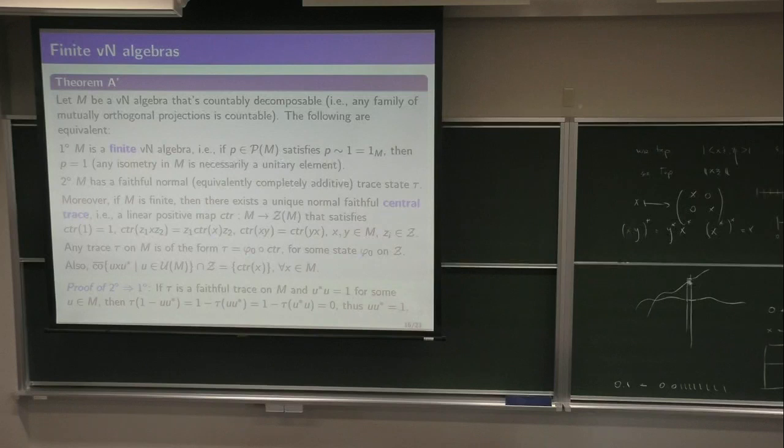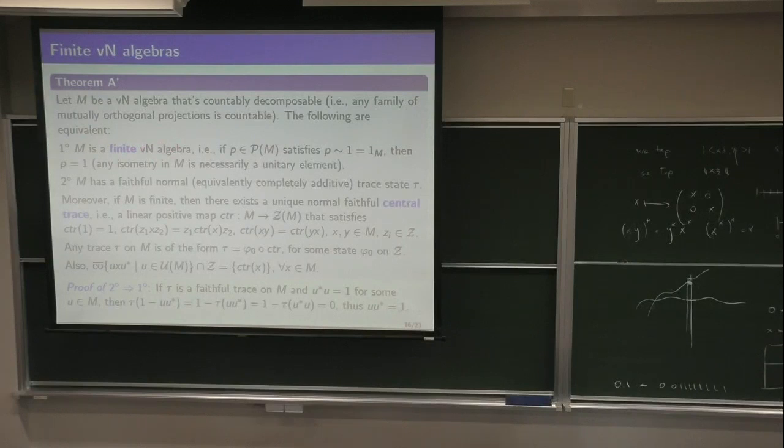Let me just point out that you have this more general result. The proof is similar, but it's much more painful, of course, which shows the following. Finite von Neumann algebras are those that satisfy the finiteness axiom. Now I'm not requiring factoriality, okay?